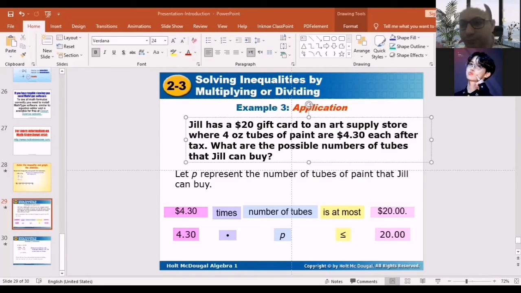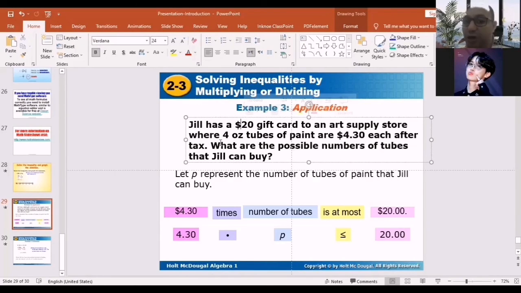What I know here: we want to know the possible number of tubes. We will write that. Okay, the next step: what I want to know.